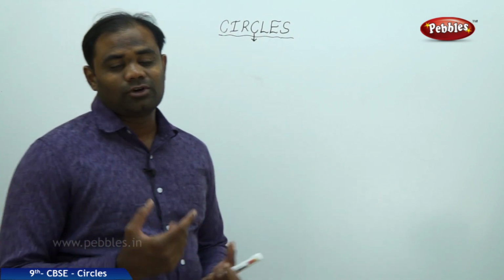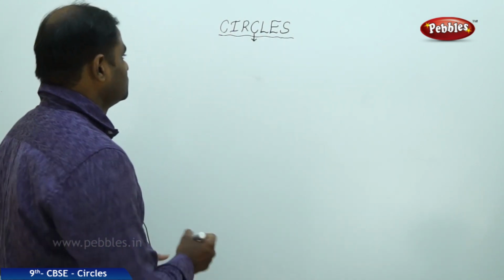Now let's try to investigate the connection between the chords and the arcs. This session is about connecting the lengths of chords and lengths of arcs. So let's see how we can connect the chords and the arcs.